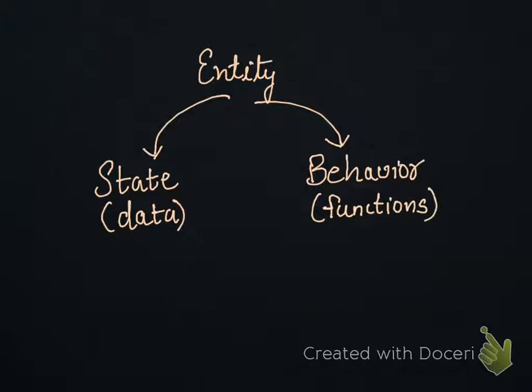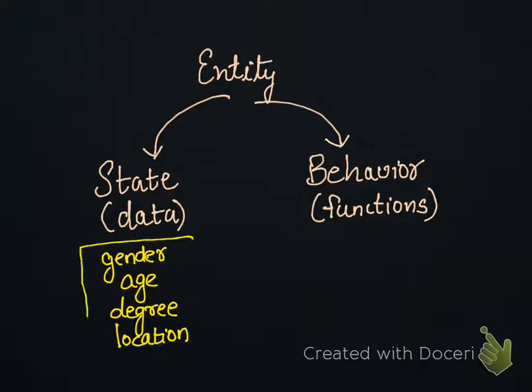So if you are talking about me as an entity, I might be having certain state. That state can be probably my gender, my age, my degree, my location, so on and so forth. So this is my current state, which tells you certain facts about me which might change over time.